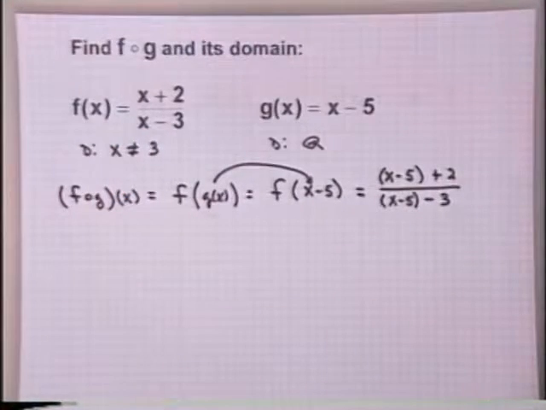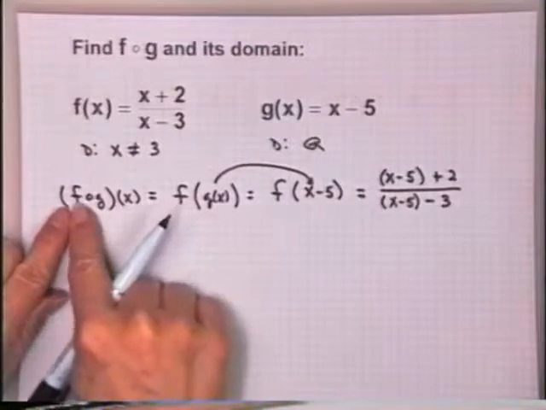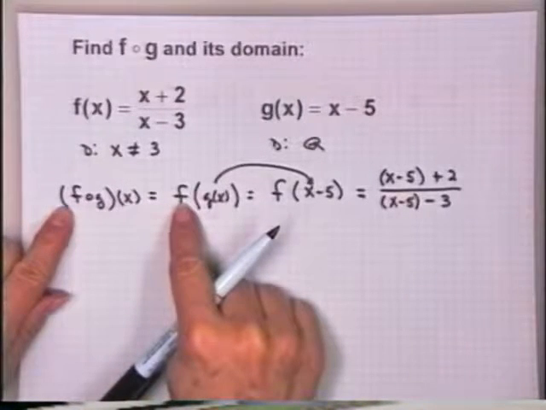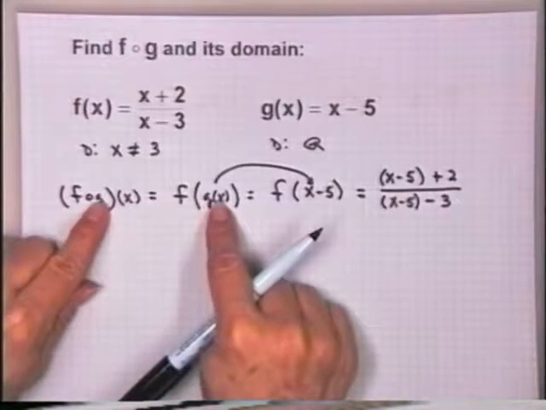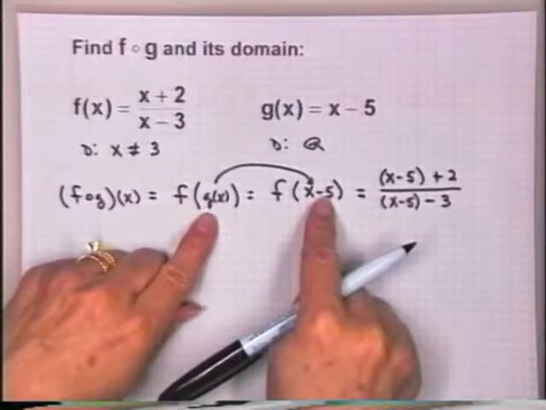Now take a look at what we've done here. You've got to understand the proper way to do this. Notice here, f circle g, this function f that's on the outside, so to speak, stays in that order. This g becomes the inside function. Our first step is to replace the inside function with what it's equal to.